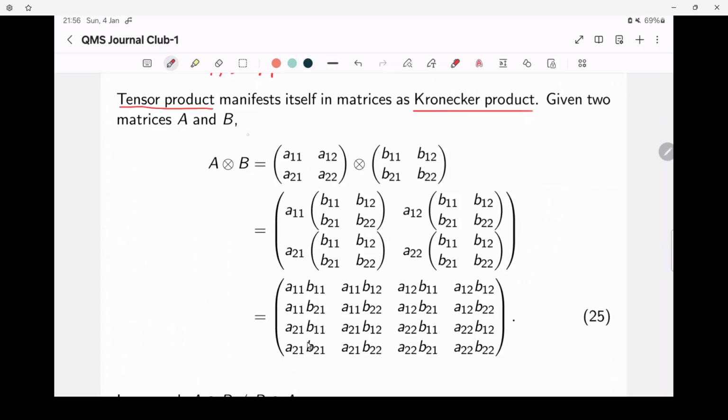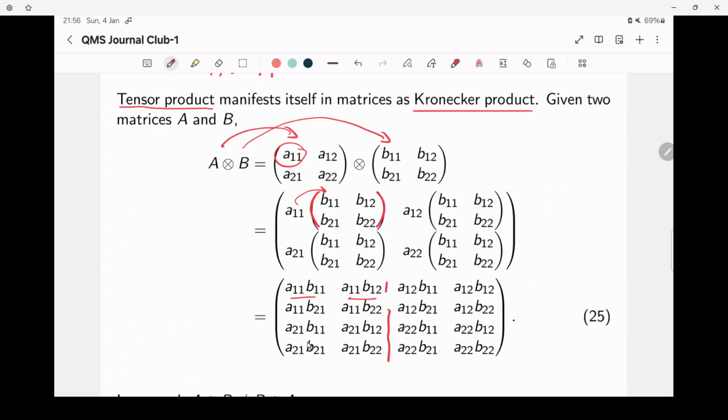Let's say your matrix A is given by this, and your matrix B is given by this. When you perform the tensor product, you take the first element of matrix A, and then write down the whole matrix B, and multiply term by term inside. So you will get A11 B11, A11 B12, and so on.